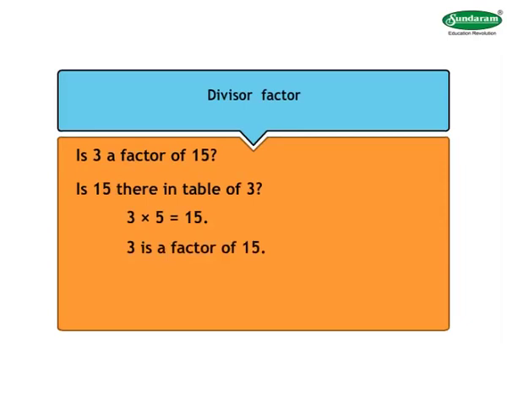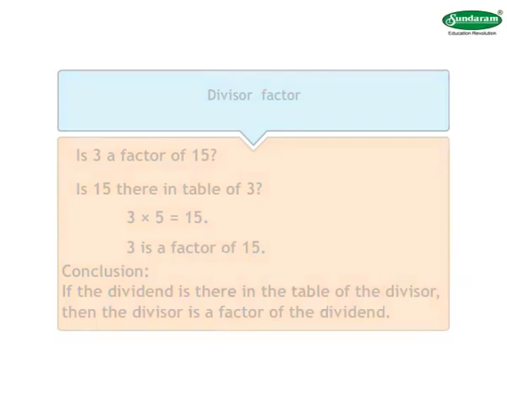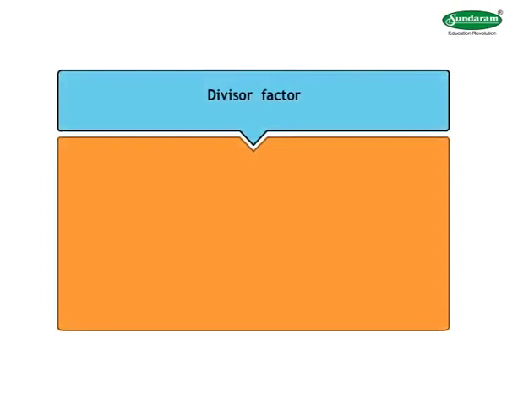What do we conclude from this simple example? We can conclude that if the dividend is there in the table of the divisor, then the divisor is a factor of the dividend. Let us take another example. Is 3 a factor of 17?